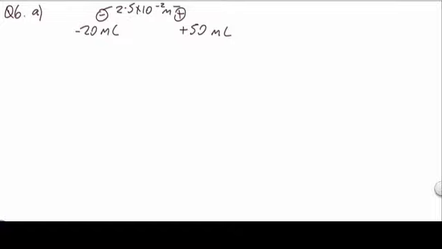Now question 6, if we start with 2 charges, we have a minus and a positive. We have a minus 20 millicoulombs, we have a plus 50 millicoulombs. The distance between them, 2.5 by 10 to the minus 2 meters. So at first we have an attractive force between them, and the size of it will be K Q1 Q2 over R squared.